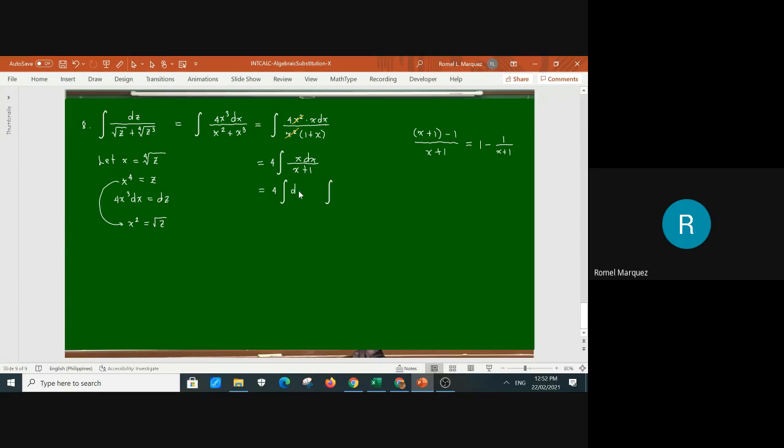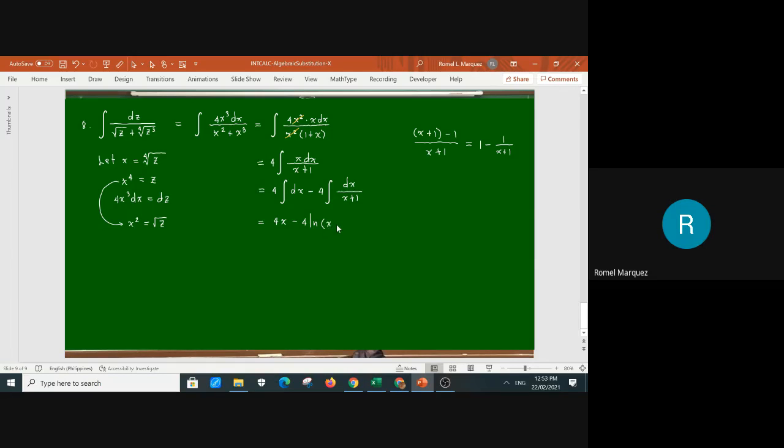So this is dx minus 4 also, then dx over x plus 1. Anyone who wants to give me the integral of these two integrals? 4x for the first, no? What about the second integral? Minus 4 ln of x plus 1.